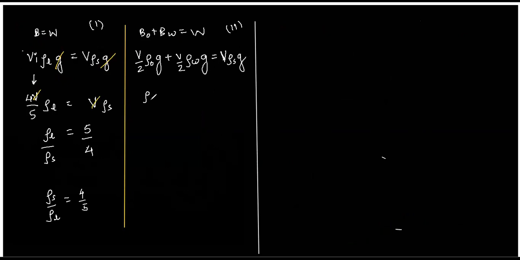So we will have rho naught by 2 plus rho water by 2 is equal to rho S. Correct? Now, here rho W and rho liquid are one and the same thing, so I can replace this rho liquid by rho water.